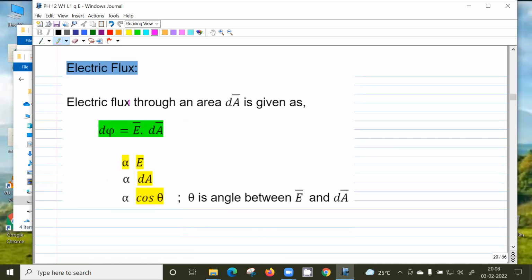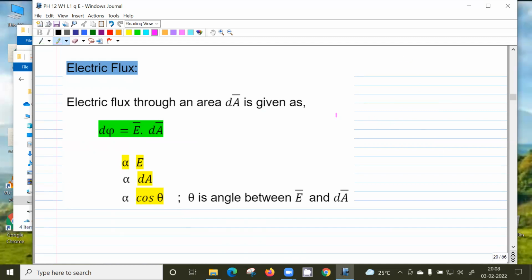Electric flux means you have to define an area. In some sense, it is the number of lines cutting that area. If the electric field magnitude is more, the number of lines cutting the area will be more, because while drawing the electric field lines, we will have a scale.